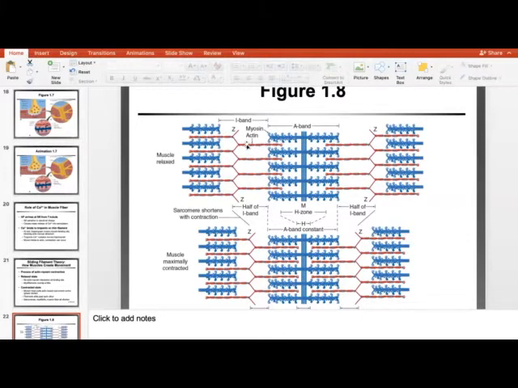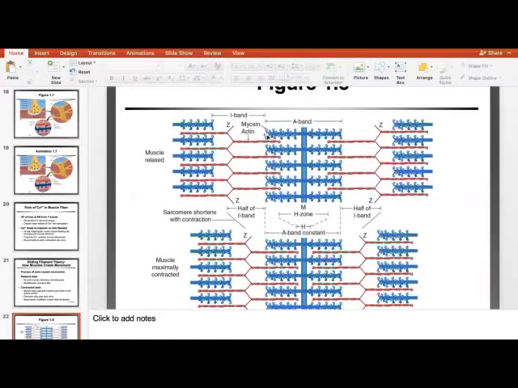When the muscle is overextended further and further apart, this overlap becomes smaller and smaller. Right now, let's count: about 1, 2, 3, 4, 5 myosin heads can interact with the actin filament. But imagine if this spread out. If the muscle is more contracted, more myosin heads can interact with more of the actin filament.